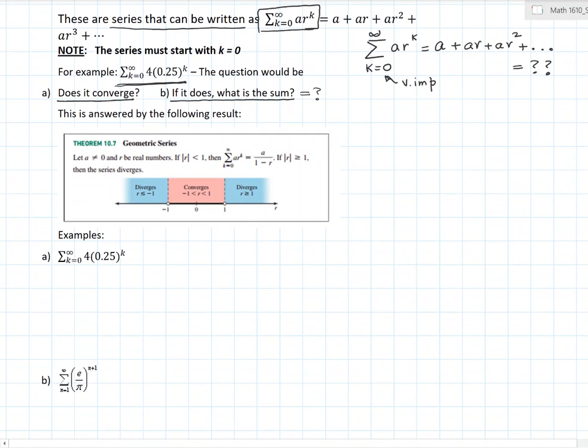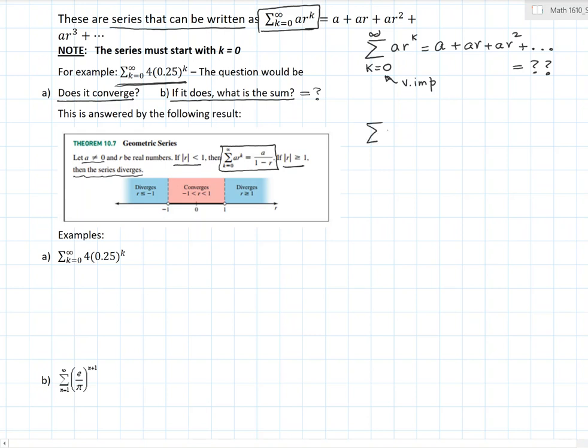It says that a is not 0, obviously a cannot be 0, and r is any real number. If absolute value of r is less than 1, then this series converges, and this is the formula for finding the sum. If absolute value of r is greater than or equal to 1, then the series diverges.